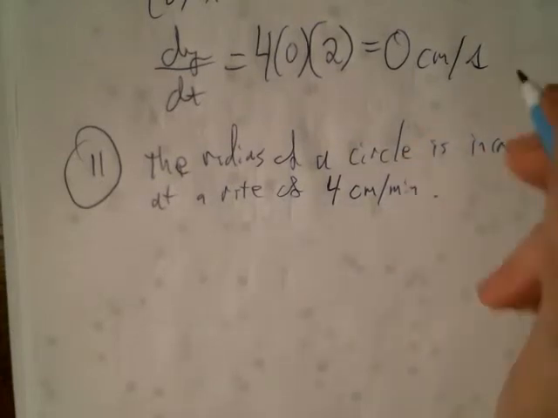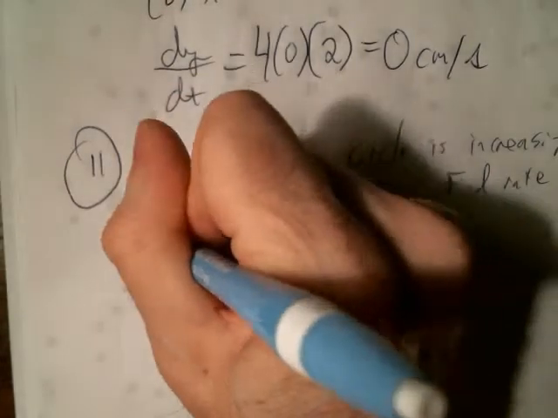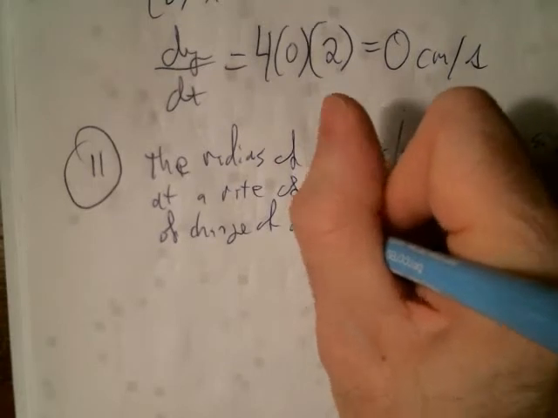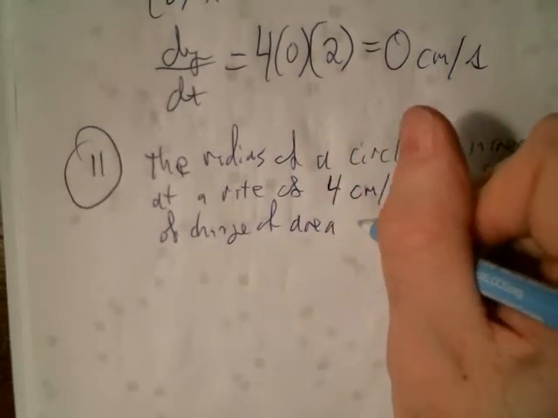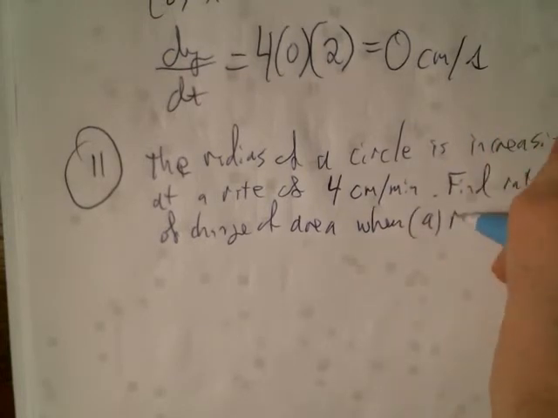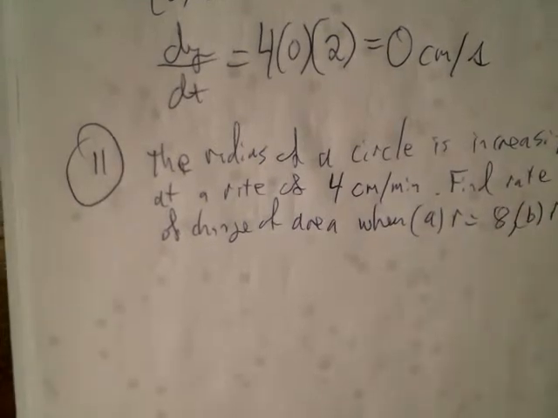Find the rate of change of the area of a circle when part A, the radius r is equal to 8, and then part B, when the radius is equal to 32.